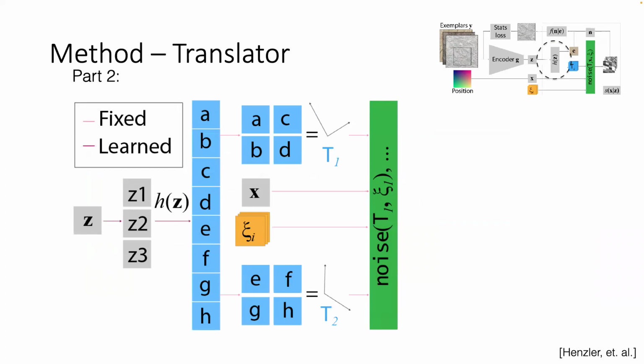And then you have this Z that was generated by the encoder. And then you have these parameters that are going to select certain transformations here. And you are going to learn these transformations.